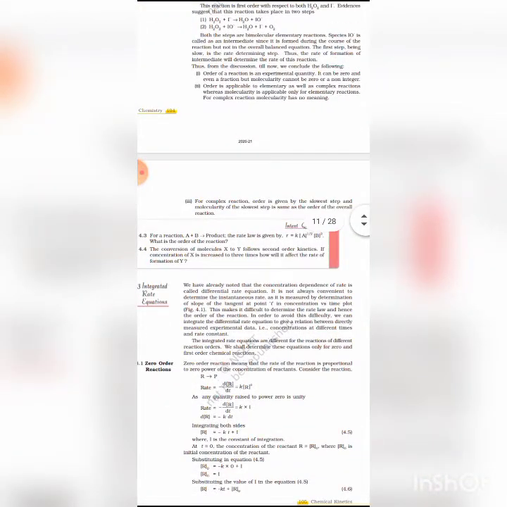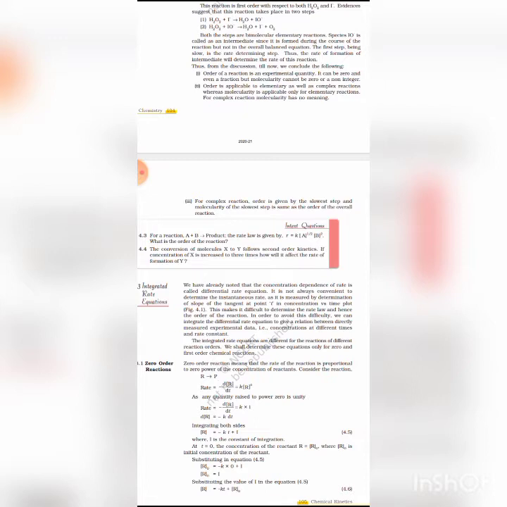Molecularity of a reaction is the number of reacting species, it may be molecules, atoms or ions, taking part in an elementary reaction which must collide simultaneously in order to bring about a chemical reaction. Okay, and reactions are classified as unimolecular, bimolecular, trimolecular. Okay, and the molecularity is 1, 2 and 3 respectively.